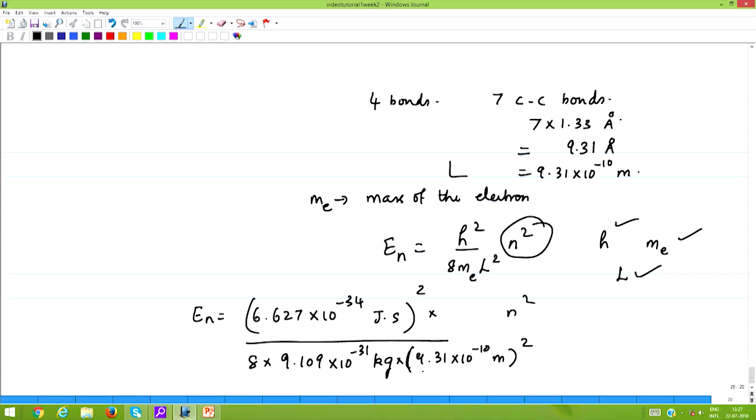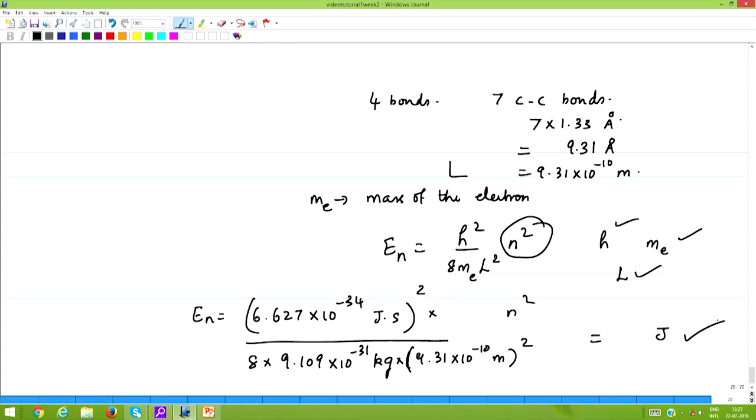So, you can see that the joule second will give you kilogram meter square per second, and then the units will give you joules when you cancel the units. The numbers are fairly straightforward to calculate.